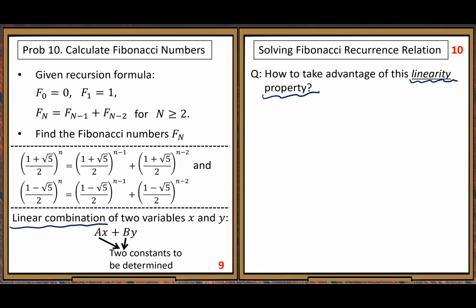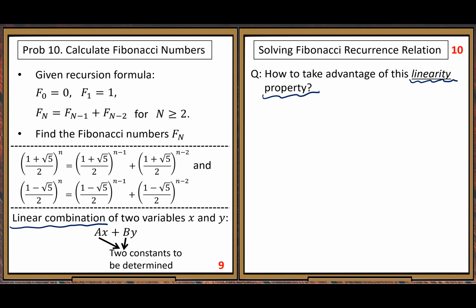What is the linearity property? Remember, our original recurrence relation is a linear recurrence relation. Linear is useful here. Linear means that the equation has the linearity property. So here we need to take advantage of that linearity property.